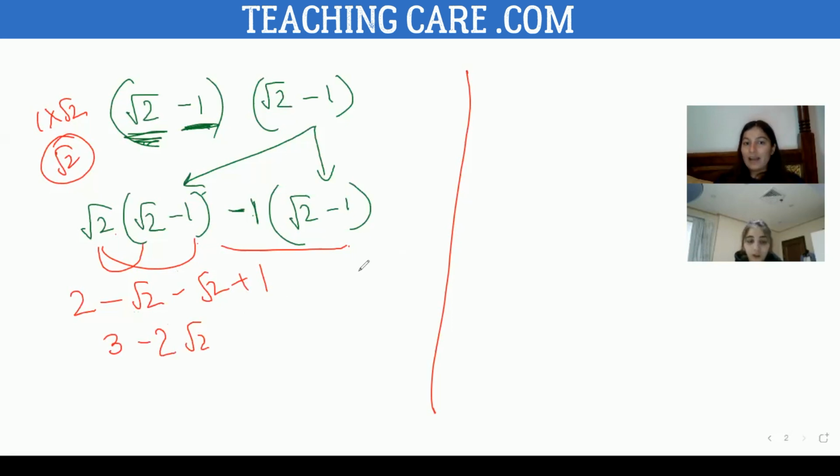I told you this thing: how do we add minus x minus x? It is minus 2x. Same thing we are doing for minus root 2 and minus root 2. It will become this. Before going to that question, do one more question so that you get clarity of how we multiply the surds.